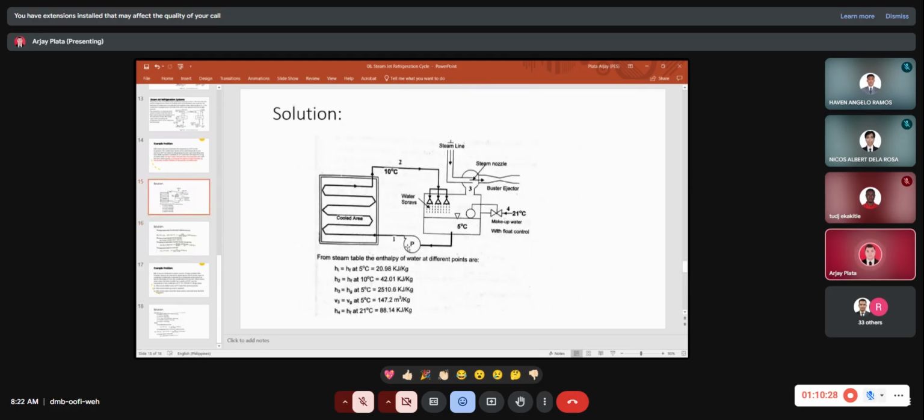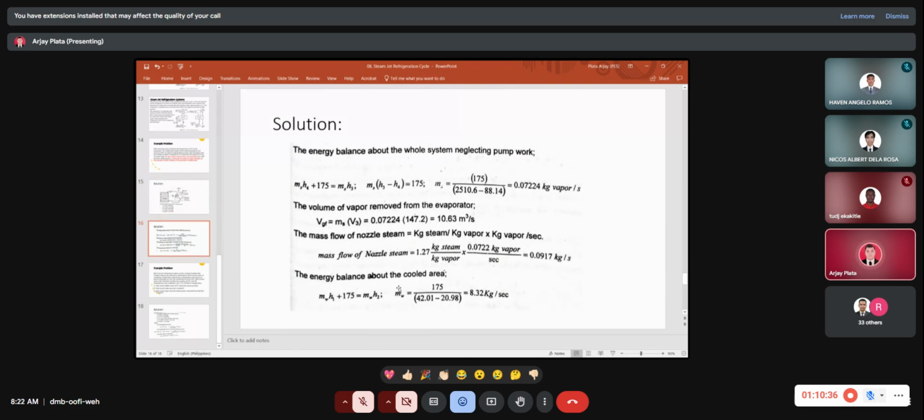So the makeup water we need is 8.32 kilogram per second. So that's it, just an energy balance to solve for the mass flow rates.